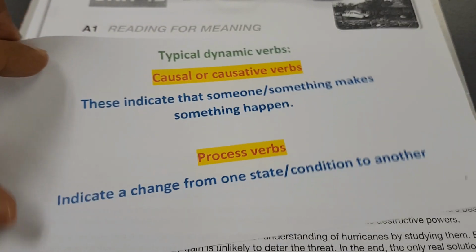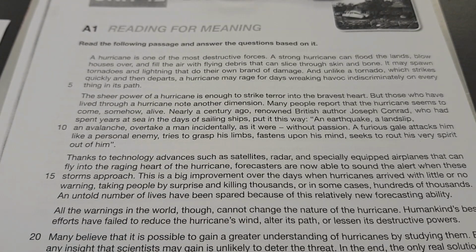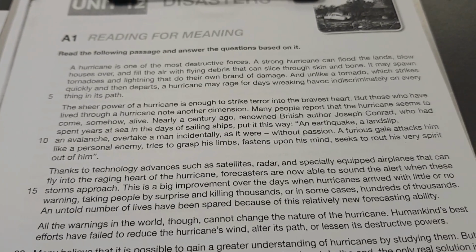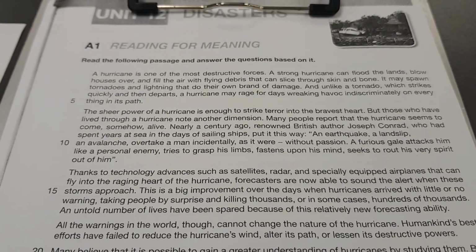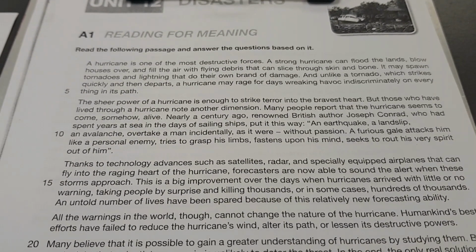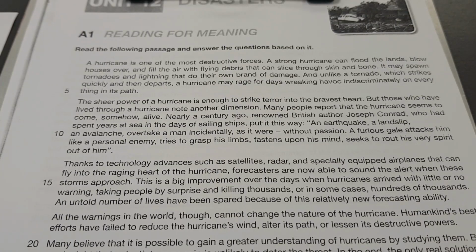In informational text, depending on the text you get, you can have a lot of causal verbs in use. I want to look at an example here. Again, we're looking at informational text. I'm looking at a passage on hurricanes.